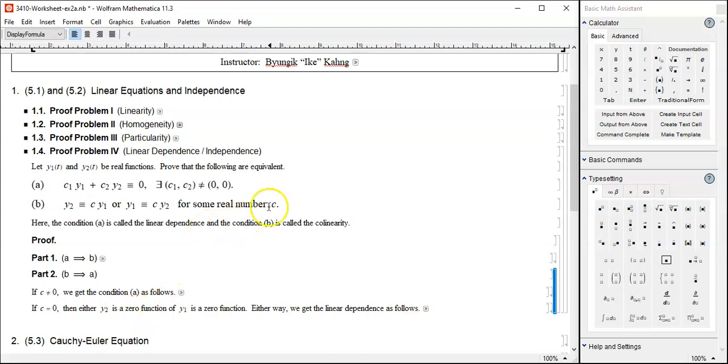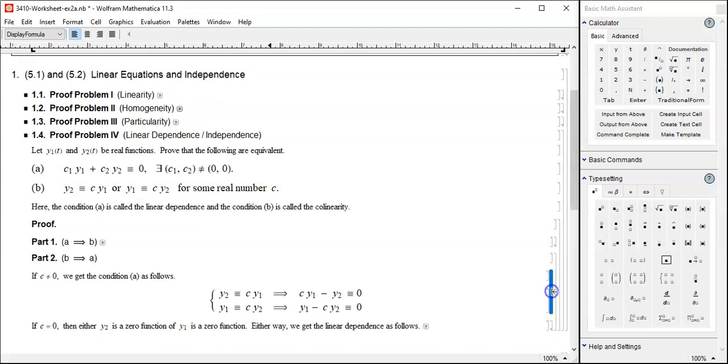Let's see. If c is not 0, in that case, we get y2 equal to c times y1, or the other way around, y1 equal to c times y2. Let's consider these in two different cases. In the first case, y2 is equal to c times y1.